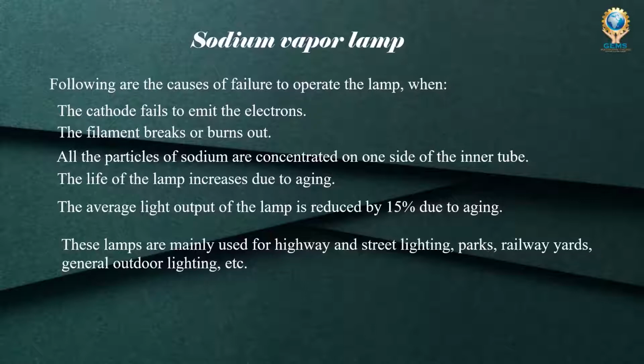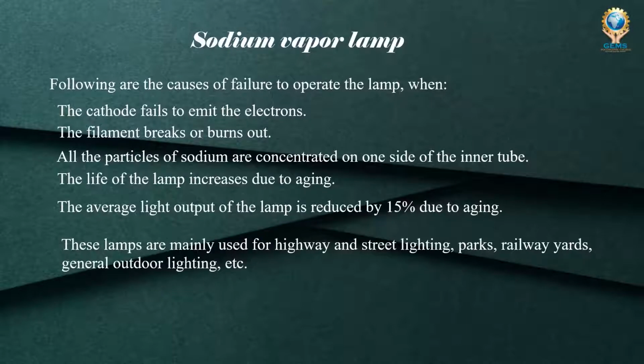Then only it will work. The life of the lamp decreases due to aging. The average light output of the lamp is reduced by 50% due to aging. As time goes on, the light output is reduced.